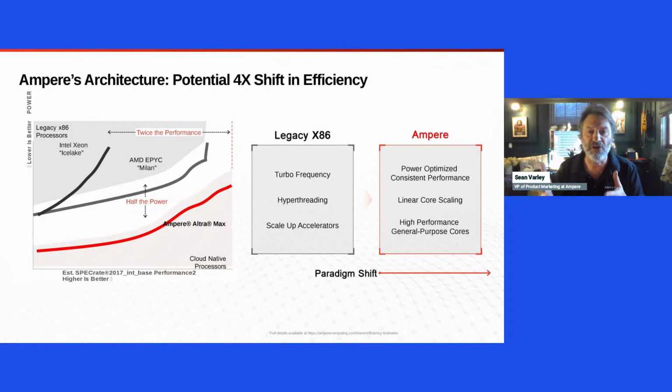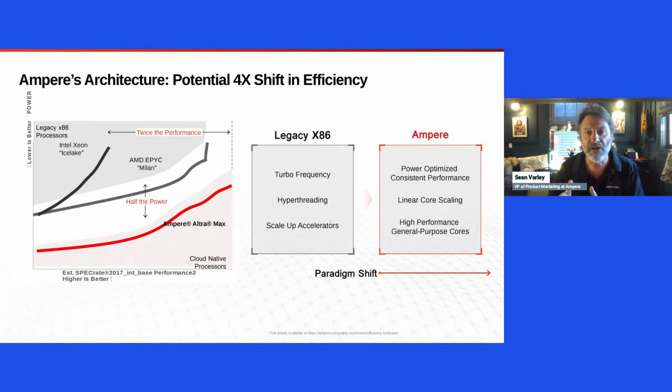Ampere is about building general purpose processors that are power optimized with consistent performance, meaning we run them at consistent frequencies. We do not do turbo frequency. We do not do hyperthreading. We are actually building the most efficient single-threaded cores, and we're packing a lot of those cores into one processor because we're a scale-out company. This gives us the ability to add processing capacity in increments all the way up to the full capacity of the actual socket.